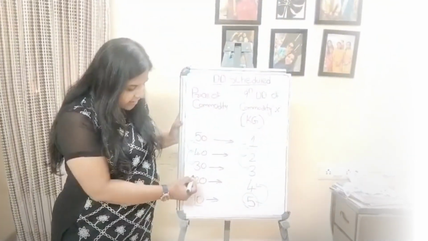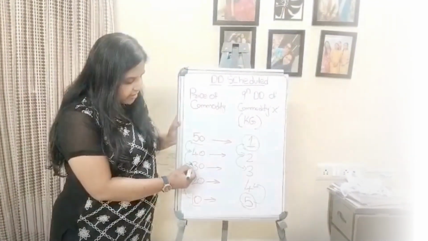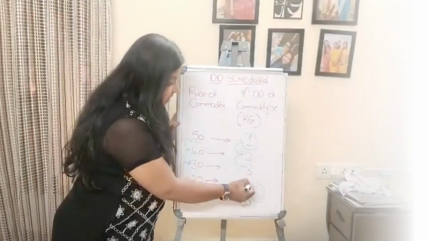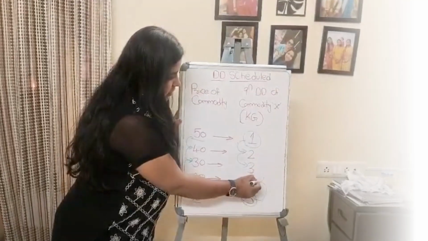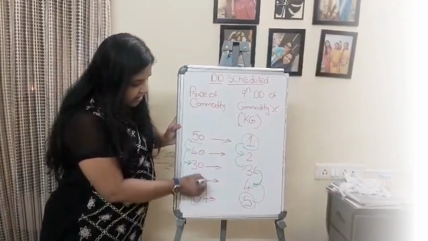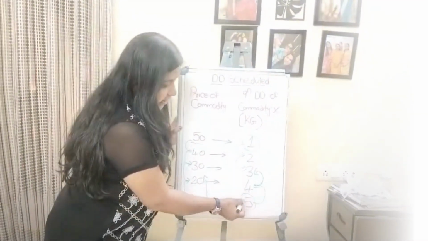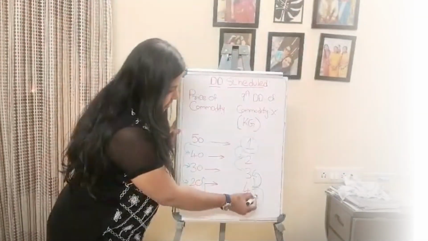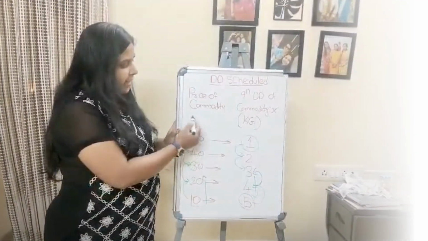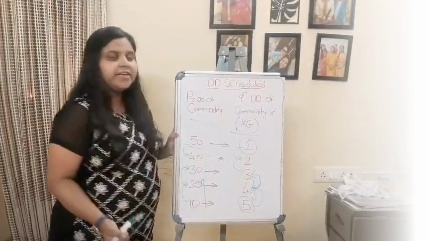Again, when the price increases from 20 to say 30 rupees, then the quantity demanded for that product decreases from 4 kg to 3 kg. So it shows when the price increases, the demand for that commodity decreases. So it shows the inverse relationship between the price of a commodity and the quantity demanded for that commodity.